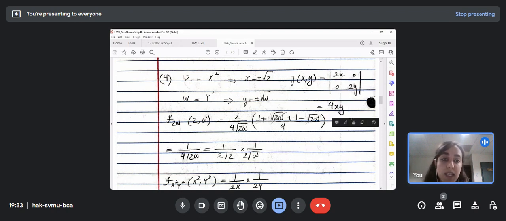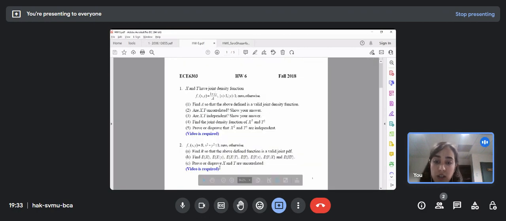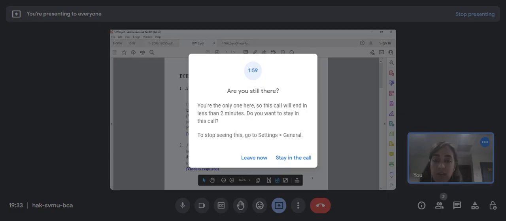Here is the determinant, and we have x and y, so we will substitute these two values in this, and we will get this value. And after that, we should substitute the values of x and y in the formula which we have here for f of x and y.